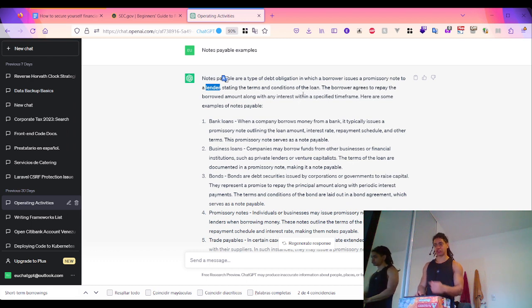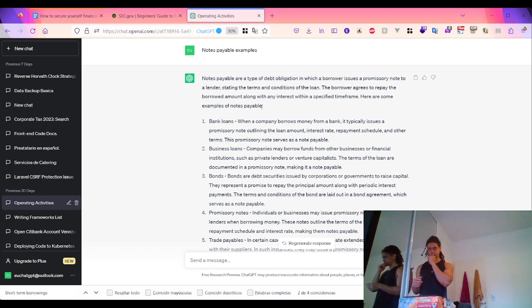Okay, so here are some of the notes payable. This note payable is a contract between the borrower and the lender that outlines the conditions of the loans.